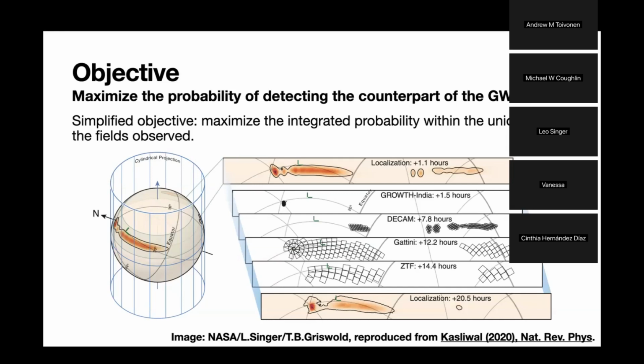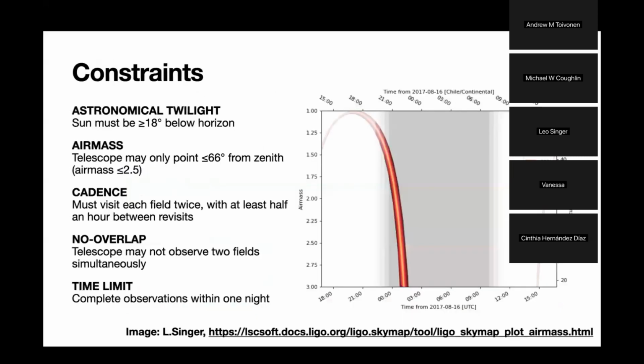So we want to take all of the ZTF tiles that we've picked out, and we want to ask: if we integrate this probability density function over the union of all of these shapes, what is the total contained probability? And we want to maximize that by intelligently picking which fields to observe. So it's a constrained optimization problem. We can only observe when it's night.